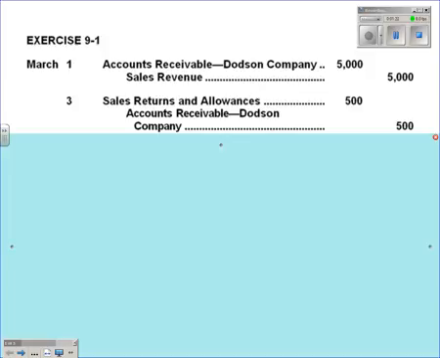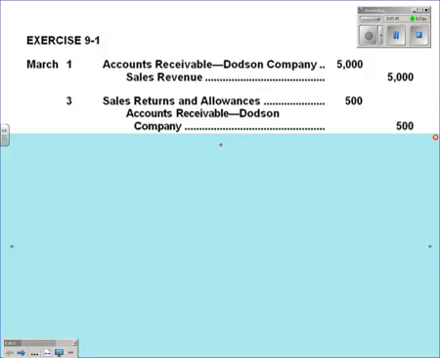Thank you. Remember, inventory and cost of goods sold would be players here, but not anymore. So I'm going to just kind of quit saying that because we know that this is just analyzing the ARs. What happened on March 9th? Molina collected the amount due from Dodson from the March 1st sale. So if we collected the amount due, what's going to be our debit? Cash.